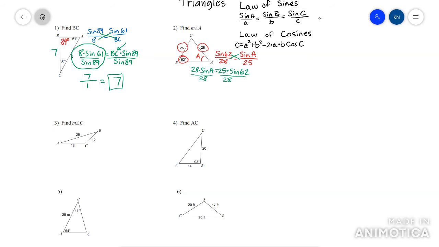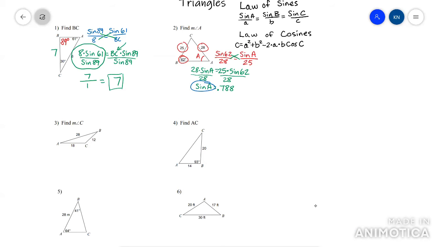So let me go ahead and get a value for that. 25 times sine 62 divided by 28. So I got sine A was 0.788. Now, that's not your answer though. You still have to run inverse sine, because this is what sine of it is.